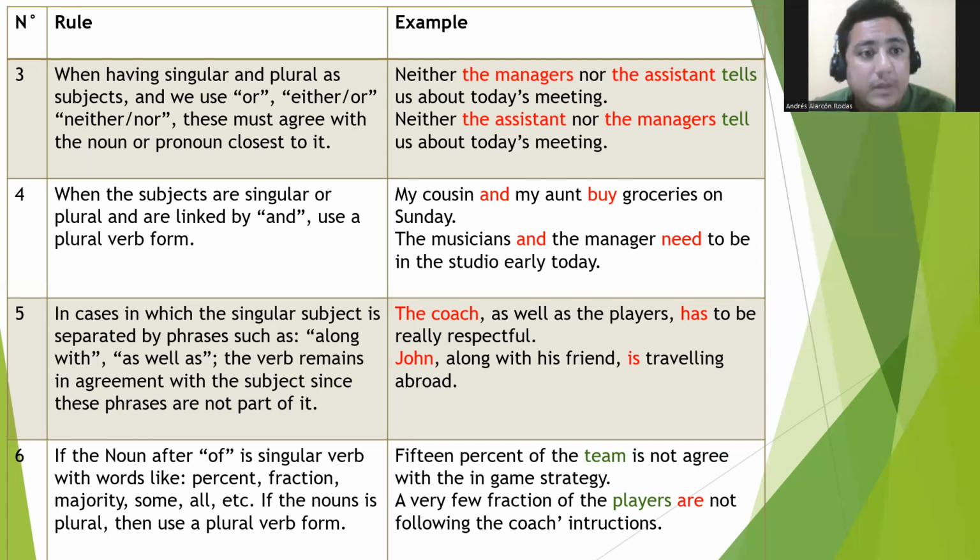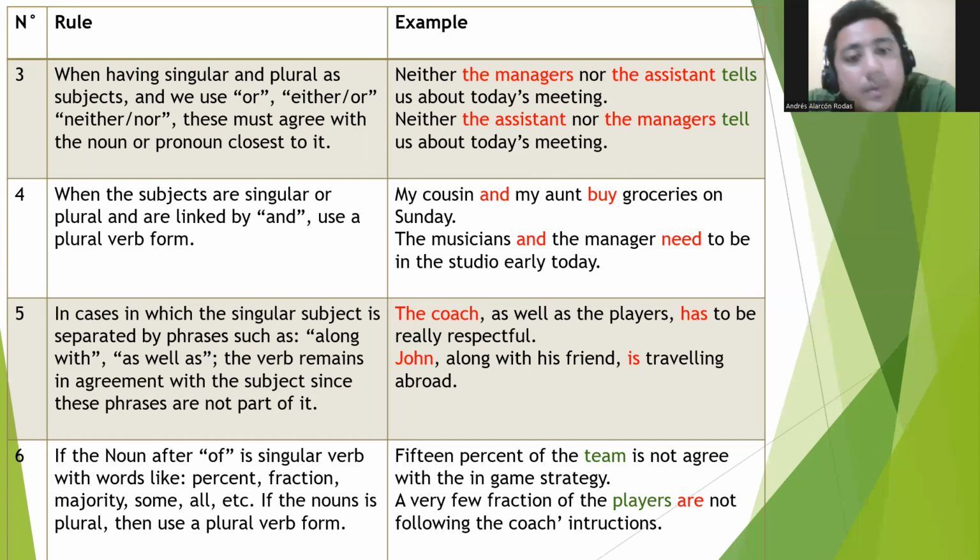I have made agreement with the noun or the pronoun closest to it. The assistant, singular, is the closest noun. As the assistant is singular, the verb goes in relation with the third person singular assistant. So in this case, tells.